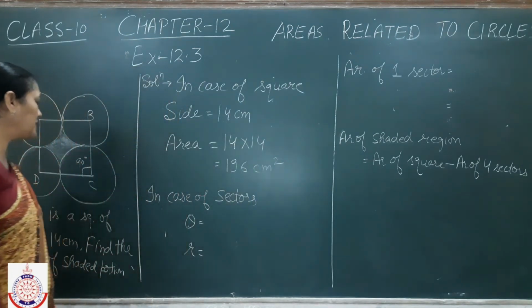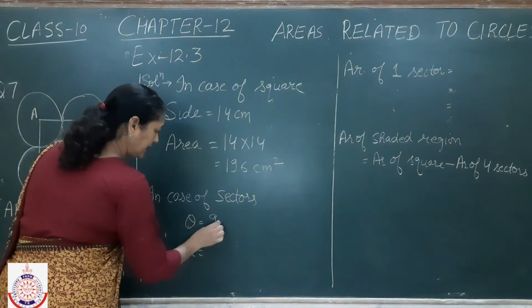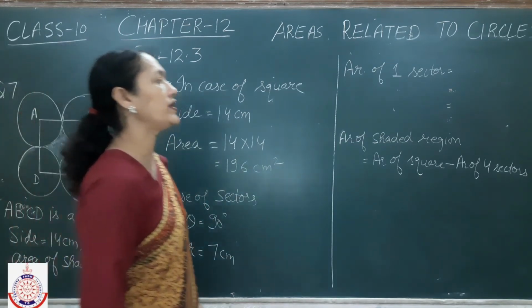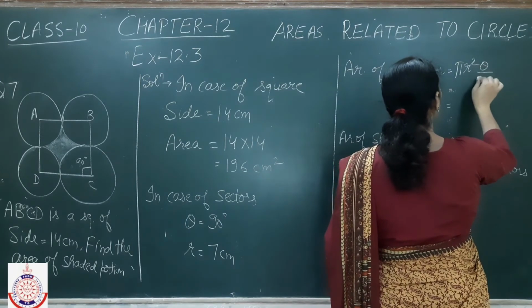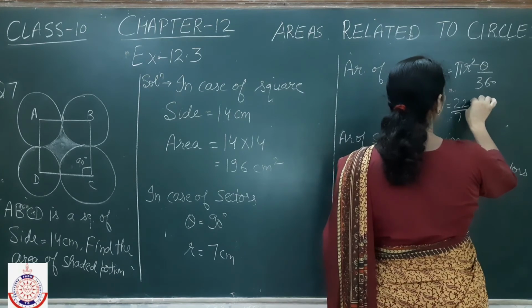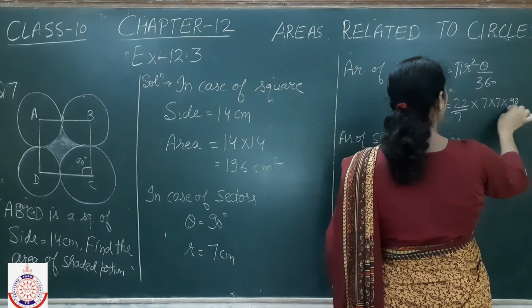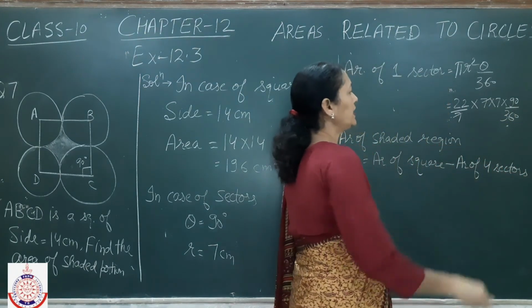Now in the case of sectors, we need the radius. The radius is 7 and theta, as it is a square, will be 90 degrees. So the area of the sector will be pi r square theta upon 360, 22 by 7 into 7 into 7, theta is 90 upon 360. 7 got cut with 7.